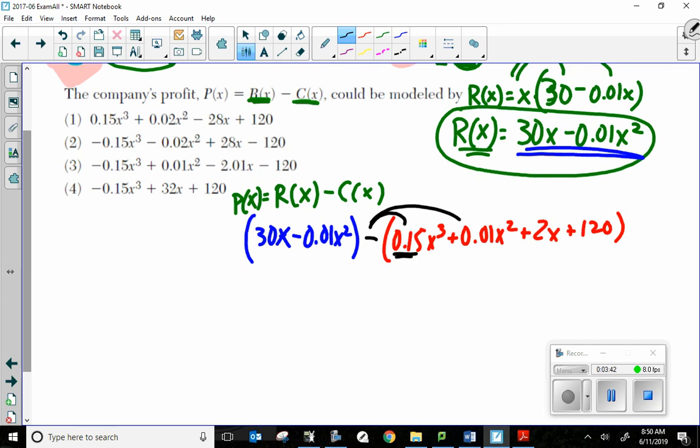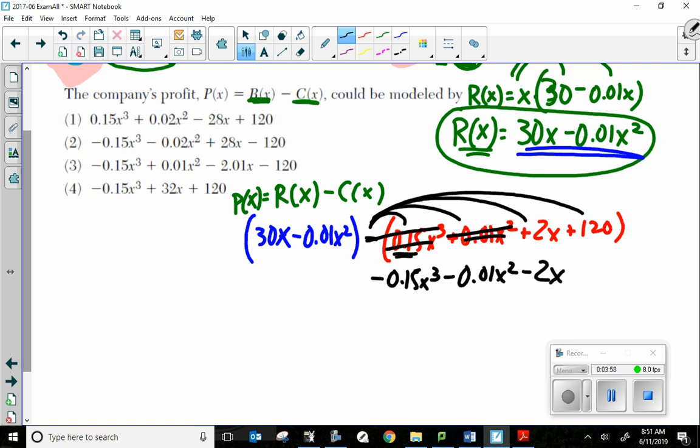So I need to distribute this minus sign to everything, which means I'm going to negate everything. Negative 0.15x cubed minus 0.01x squared minus 2x minus 120. I'm combining that with R of x, which is 30x minus 0.01x squared.